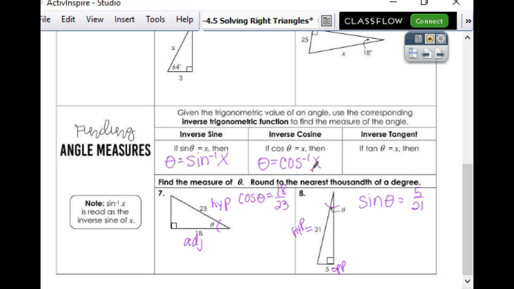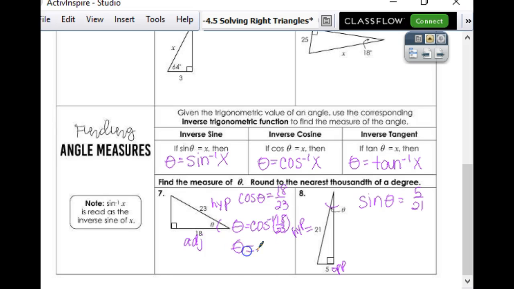And if I'm solving for the angle on the tangent, I do the inverse function of the tangent. So what I'm saying is I want to know what angle has this for a cosine. And your calculator will do it. On the cosine button, above the cosine button is the inverse. So you're going to shift, and this is how you'll type it in. Theta is going to equal the inverse cosine of 18 over 23.